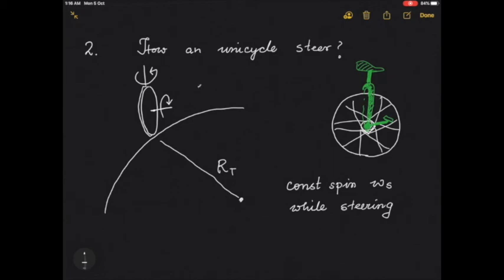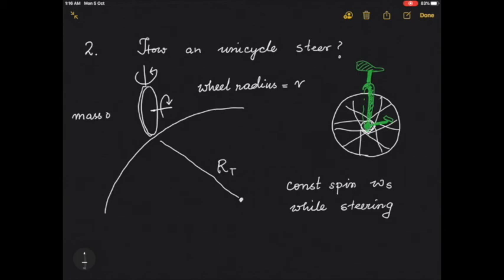So let's assume the wheel radius is small r, which is obviously a fixed quantity.